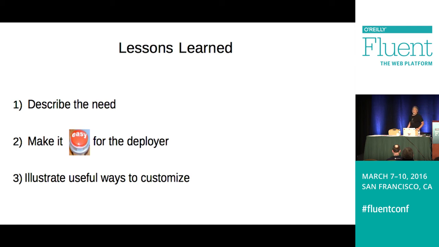Yeah, that takes a lot of scripting, a little extra work, but if you have to describe 50 steps instead of /install or some other script, everybody's going to make mistakes no matter how good the documentation is. And help your deployers by illustrating useful ways to customize your software. Find real use cases that are good for your customers and tell them how to get your software to meet those use cases.